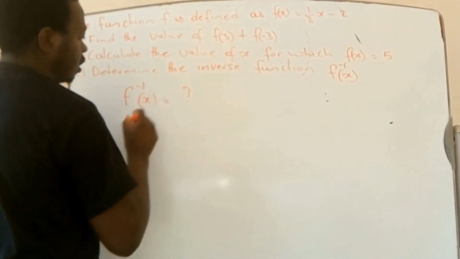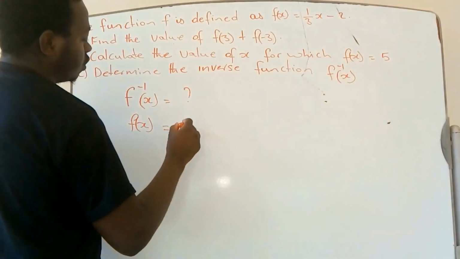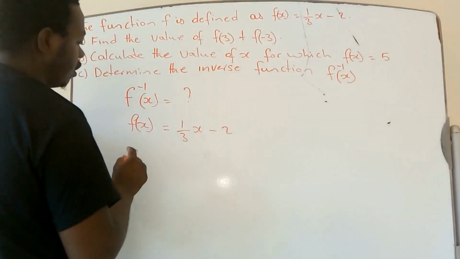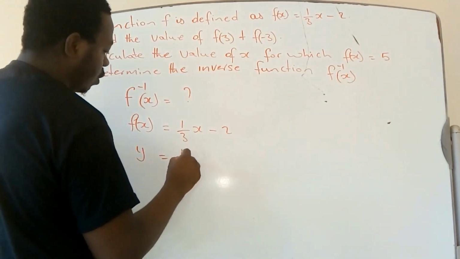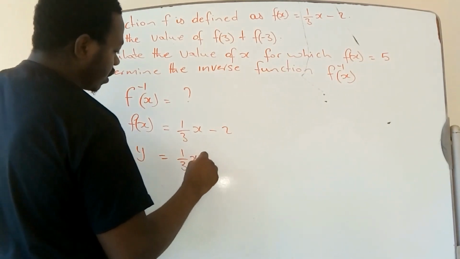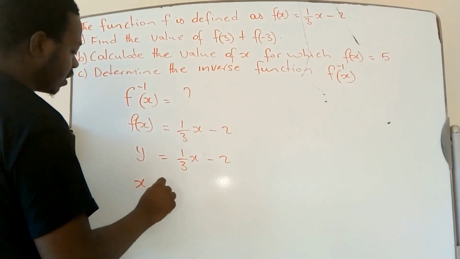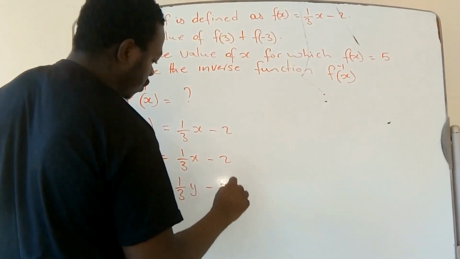That's what we want. We know that f of x is equal to 1/3 of x minus 2. Therefore, replace f of x with y, so y is equal to 1/3 x minus 2. Interchange x and y, so x is equal to 1/3 y minus 2.